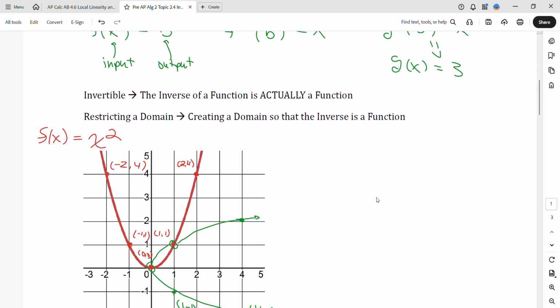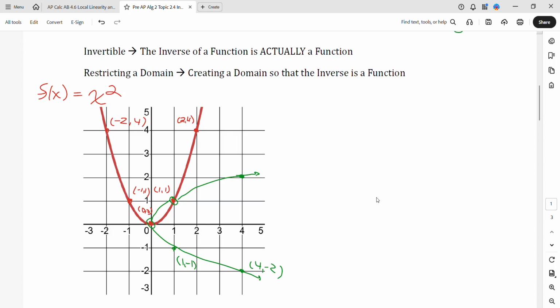When we restrict the domain, we are cutting off some of those domain values. Now, what is the inverse operation of squaring something? Square rooting it. Now, when we think about that square root graph without any of those transformations, is it the top half or the bottom half?